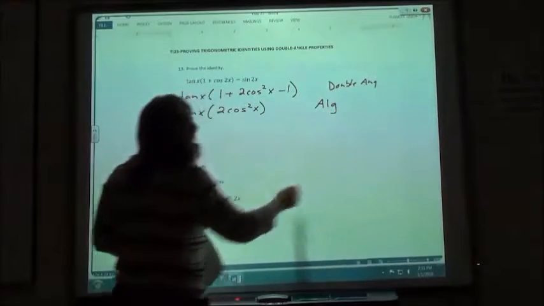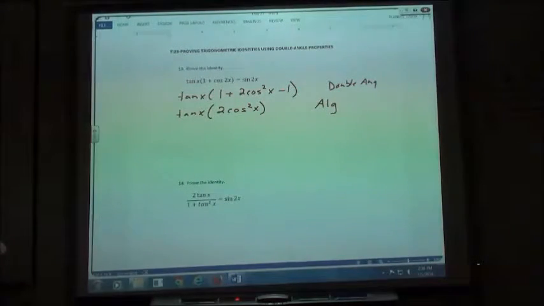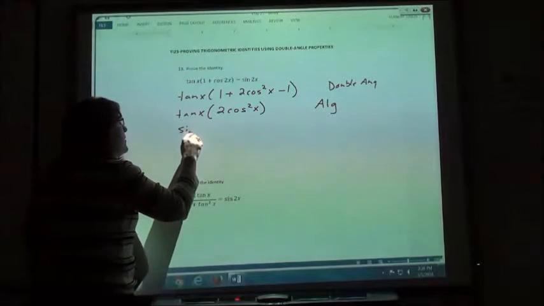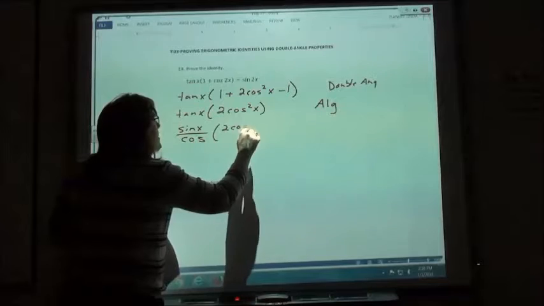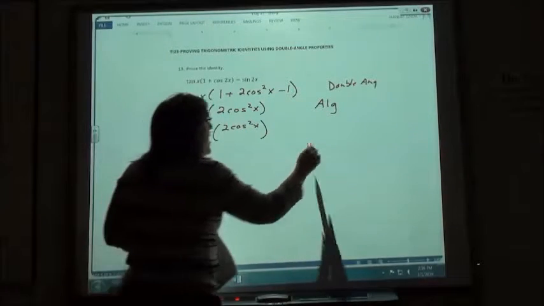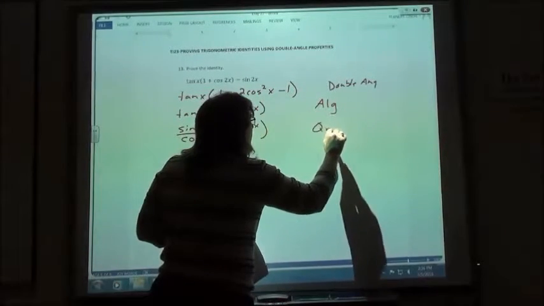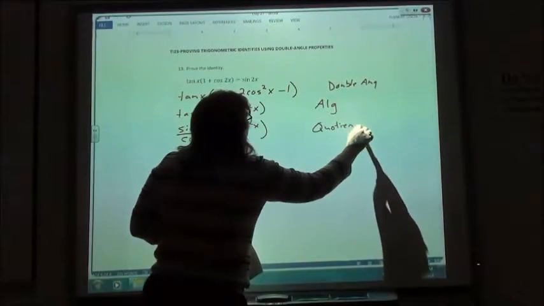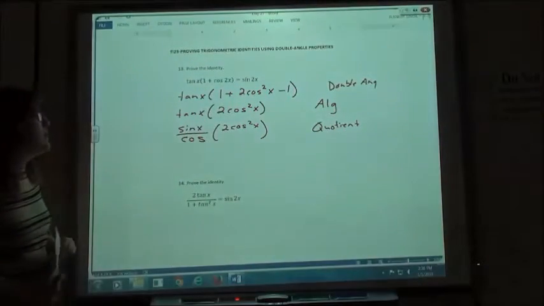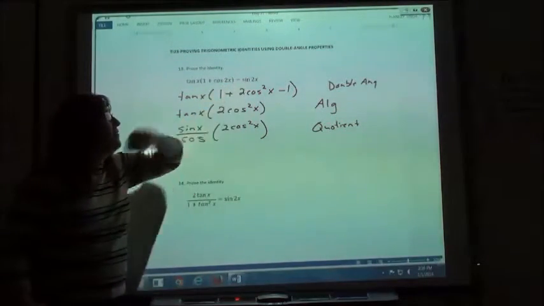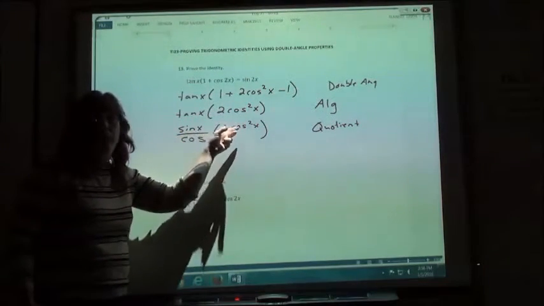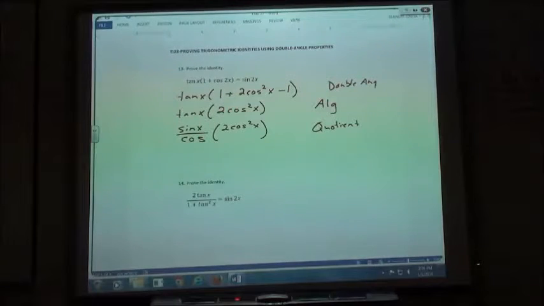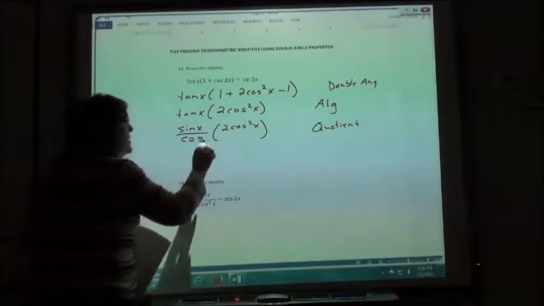For the tangent of x, I can substitute in sine over cosine. Sine of x over cosine of x times 2 cosine squared of x, and that is your quotient identity. Probably if I had written that one down first, I would have noticed that sine of 2x has both sine and cosine, and that's why I wanted to use cosine squared there, because now I can cancel out my cosines.